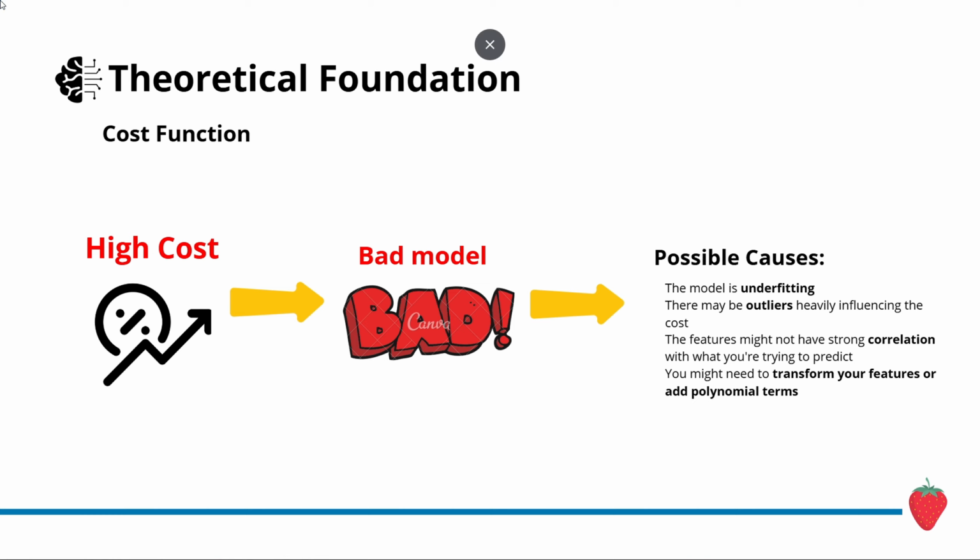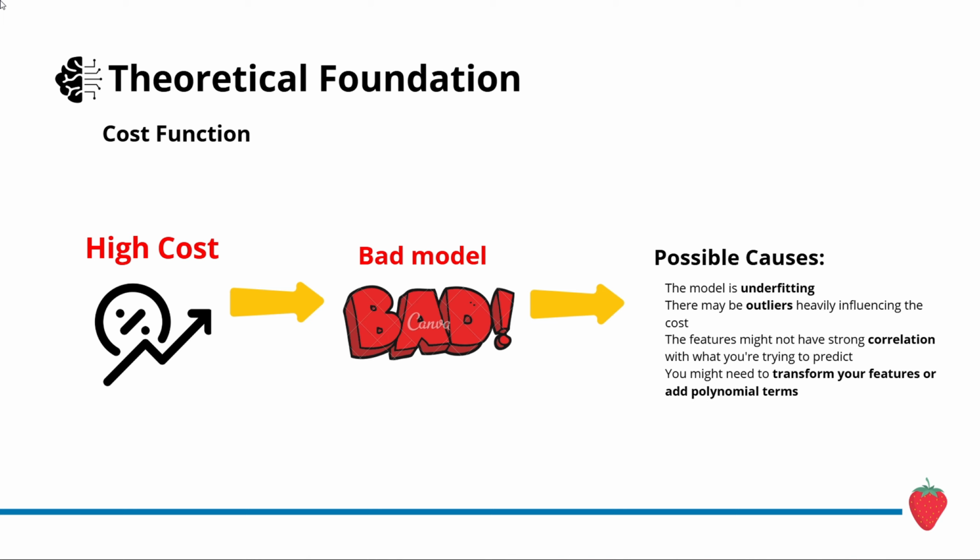The model that we've created is not really good. Maybe there are outliers, as I said. Maybe the features that we've chosen don't have a strong correlation between them. And maybe linear regression is not efficient at all, and maybe we need to transform to something else, such as polynomial regression.